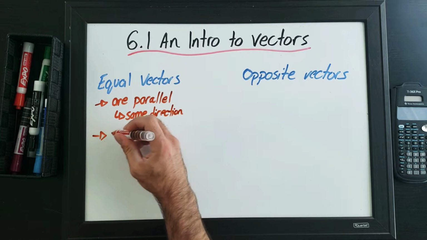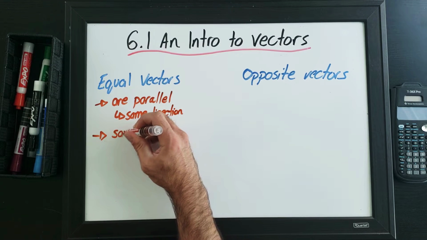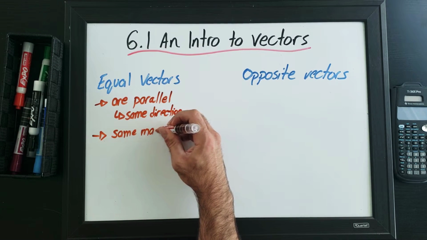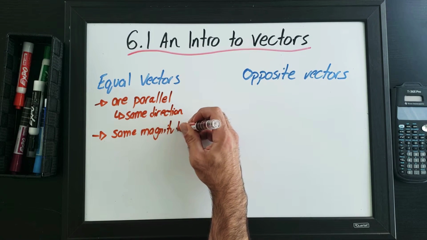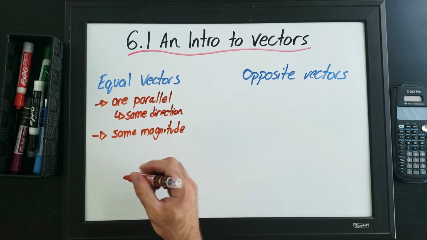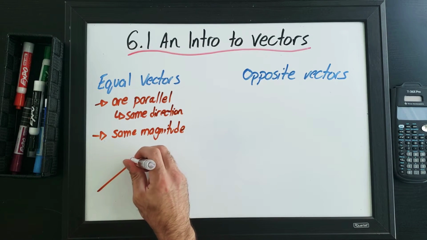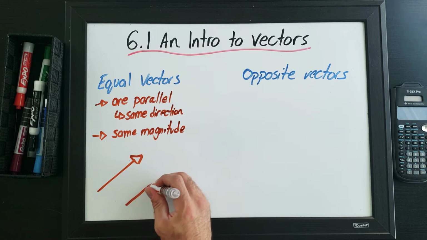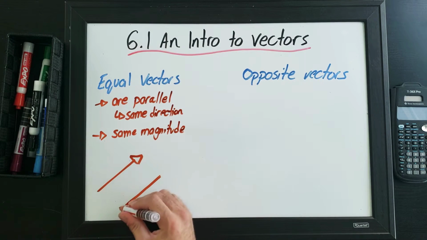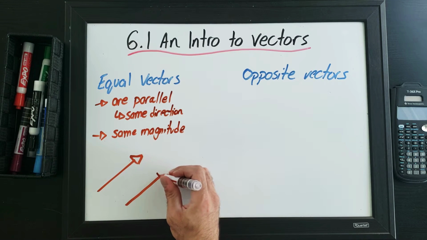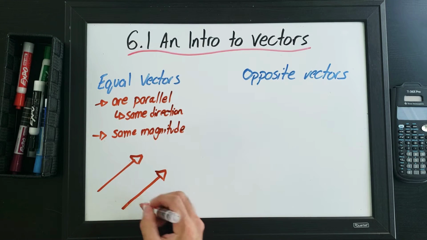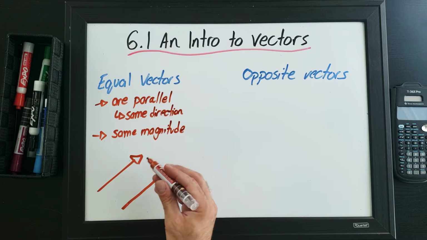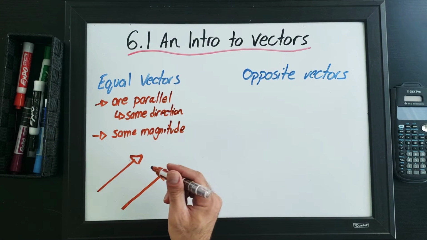Another thing, they have to have the same magnitude. So for instance, if I have this vector going in this direction, it has to be not only parallel to this line, it has to have the same magnitude, which means the exact same length, for these vectors to be equal, obviously.